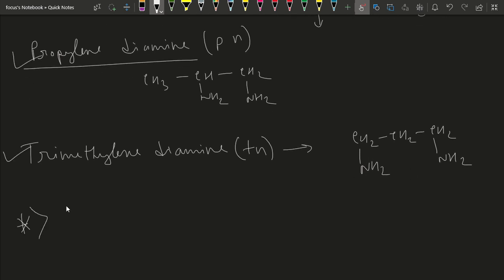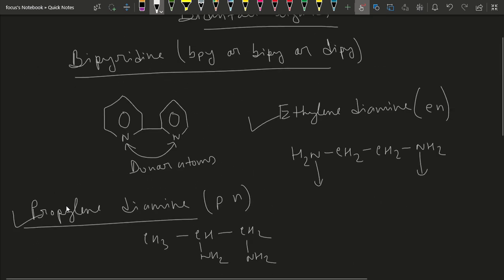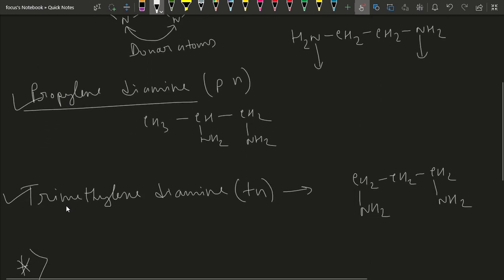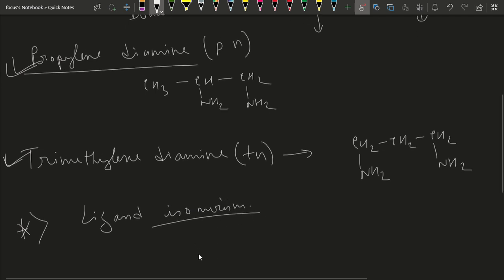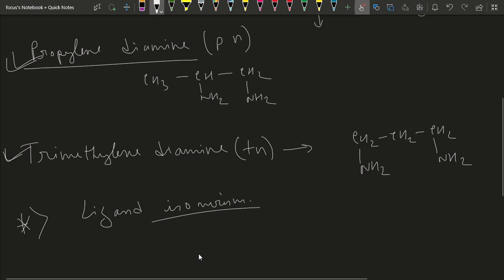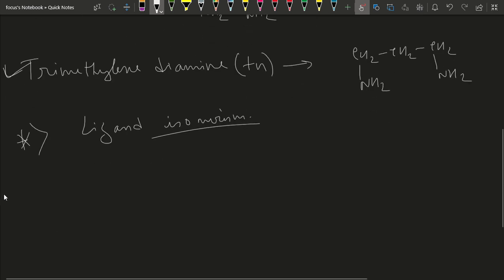One important point is that the above two ligands, that is propylene diamine and trimethylene diamine, can show ligand isomerism. Please note this point. Some other examples of bidentate ligands are Bn, butylene diamine.